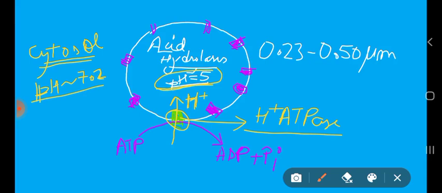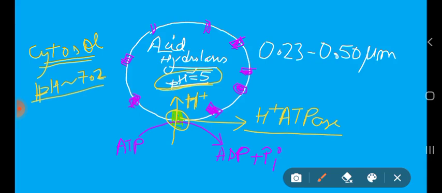So that's why the membrane proteins found within the lysosomes are not degraded by the acid hydrolases found inside the lysosomes, because these proteins are highly glycosylated: the transmembrane proteins like the proton pumps, and the other transmembrane proteins which transport the final products of digestion into the cytosol.